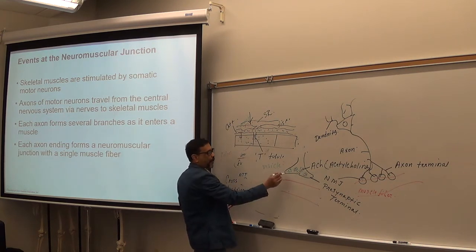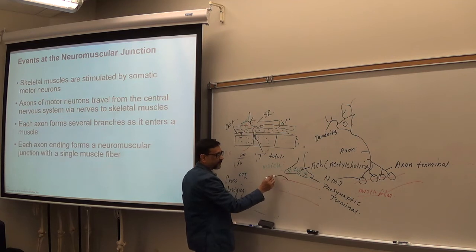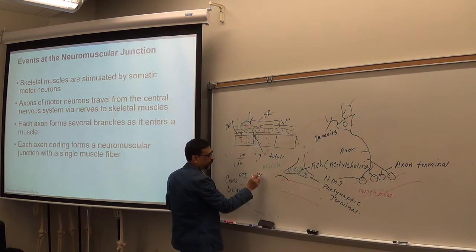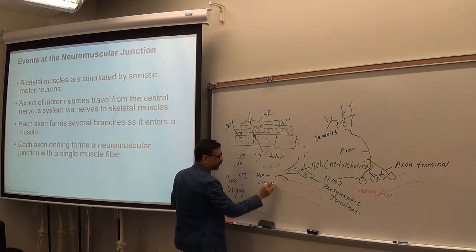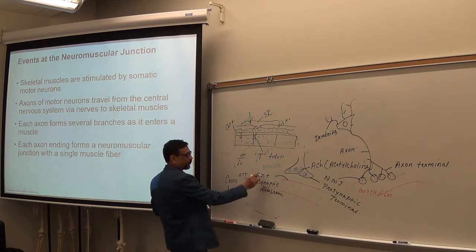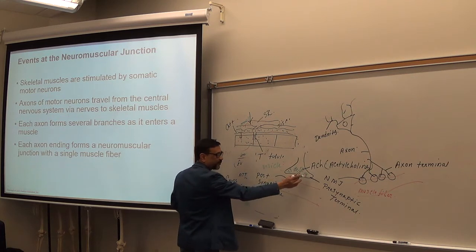And this one, the membrane of the muscle fiber, is called the postsynaptic membrane. This is not terminal, this is membrane. Membrane of muscle fiber. Okay. So postsynaptic membrane, presynaptic terminal.